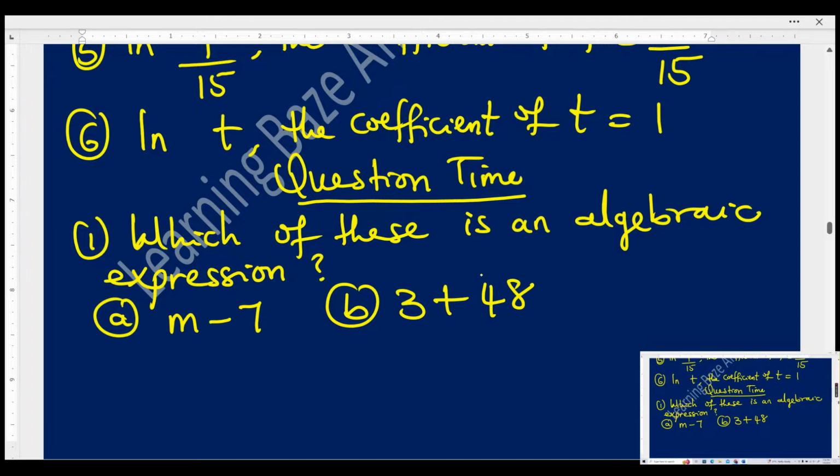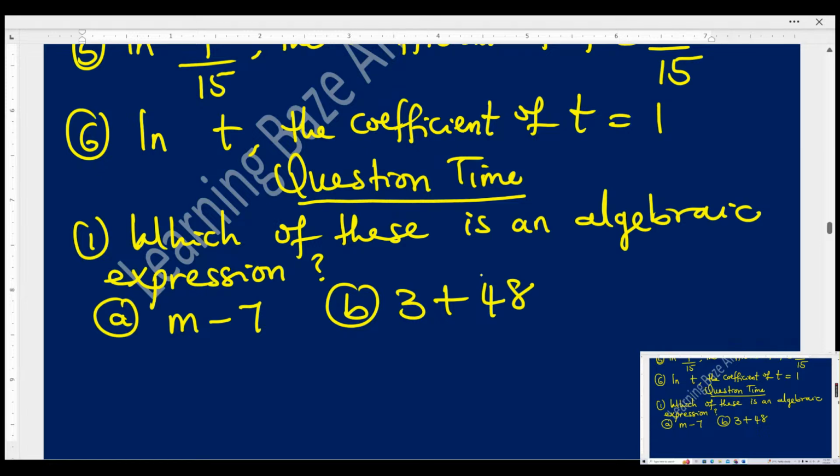A, m minus 7, B, 3 plus 48. Let me see your answer in the comment section.